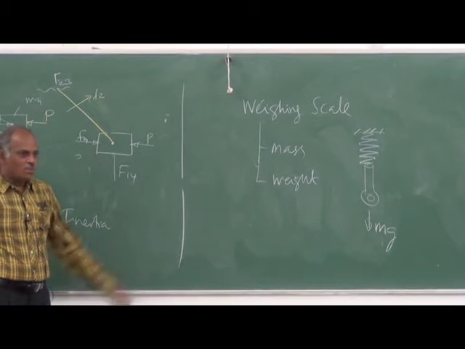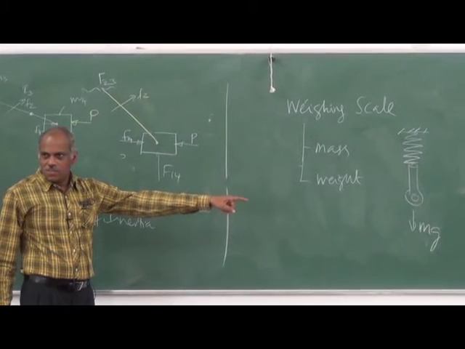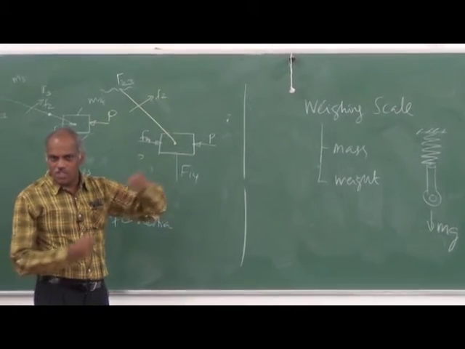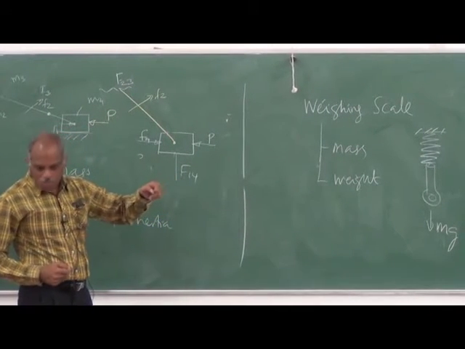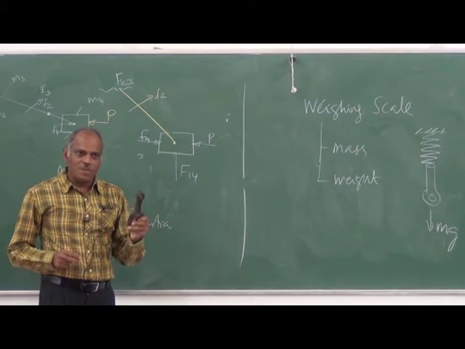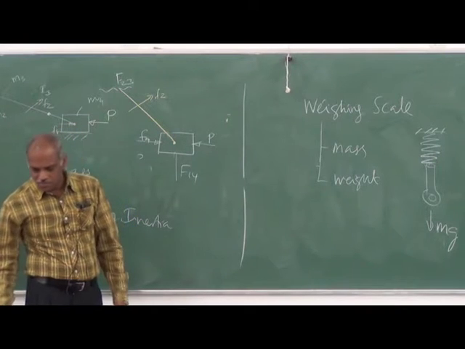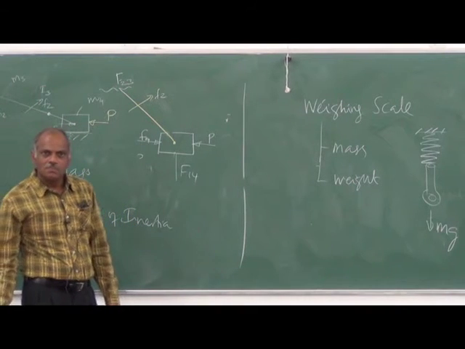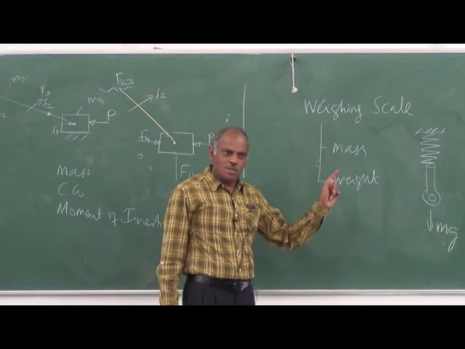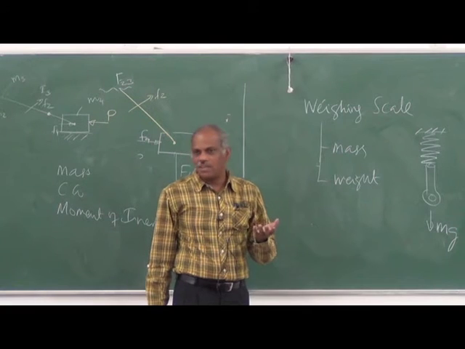Right? So if you are using an elastic device like a spring, the spring will be responsive only to the force applied. So the sensing element will be responsive to the weight of this, not to the mass of this. If I take a spring balance into space, it may not deflect at all.